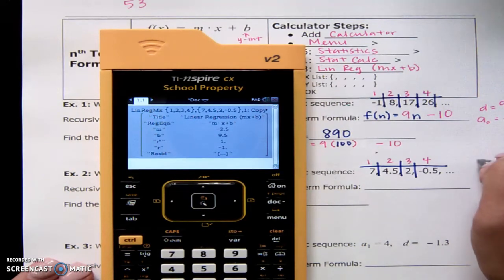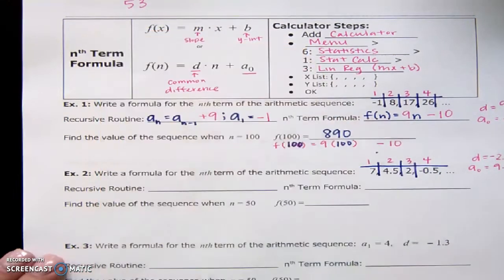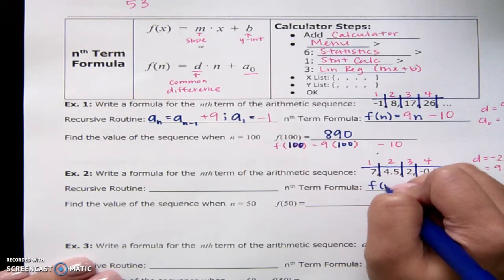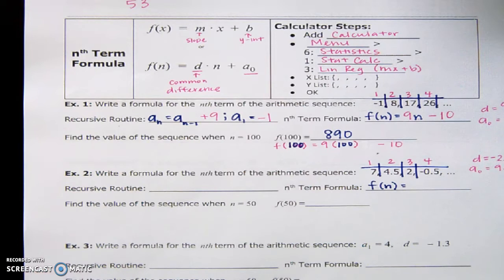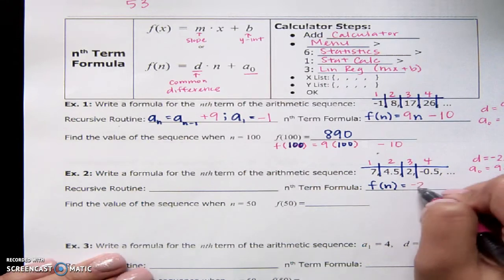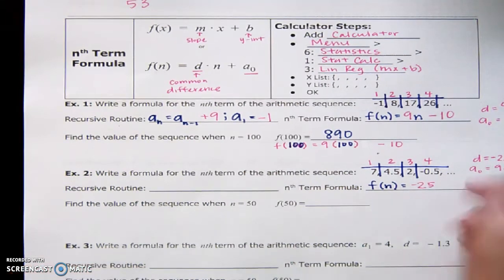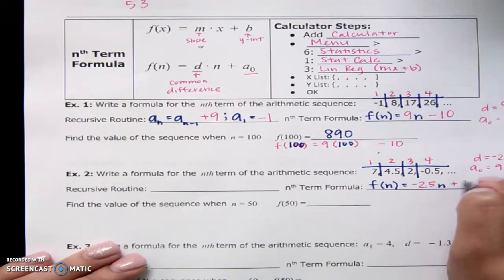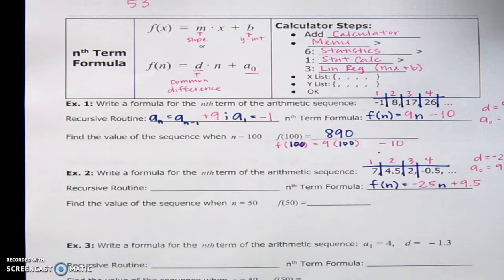M is the same thing as D, negative 2.5, and a sub 0 is the same thing as b, 9.5. So I'm going to go ahead and write my nth term formula. F of n equals, D is negative 2.5, and this is positive, so plus 9.5.